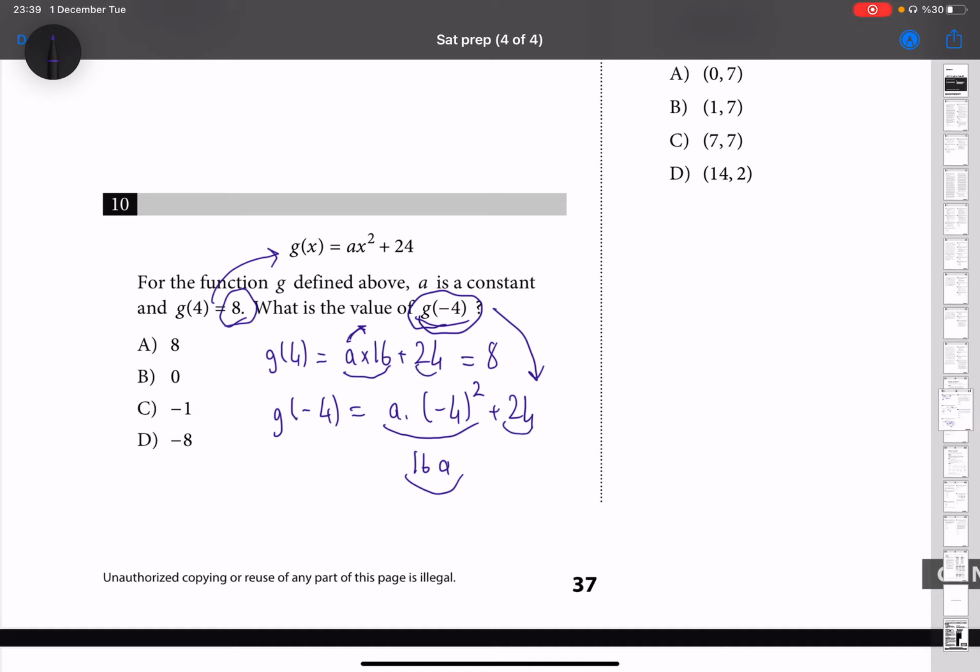Also this is a constant term, so g of 4 equals g of minus 4. So as you can see, you do not have to evaluate the value of a. You can directly see g of 4 equals g of minus 4 because x squared is an even function. So the answer is A.